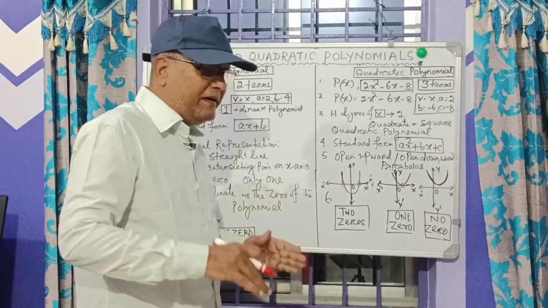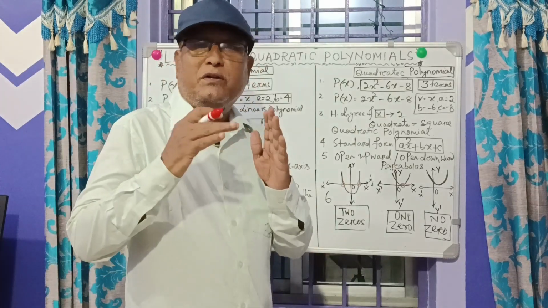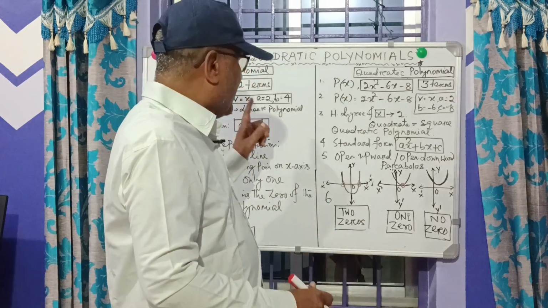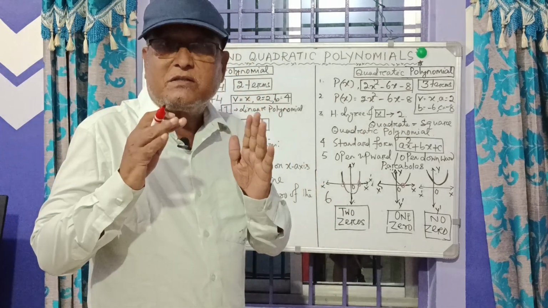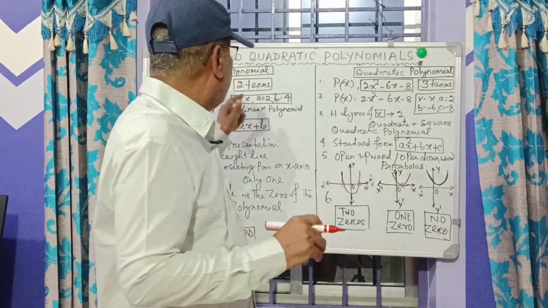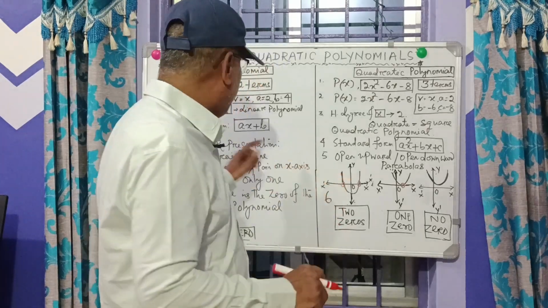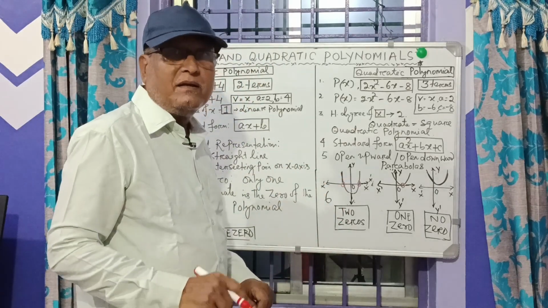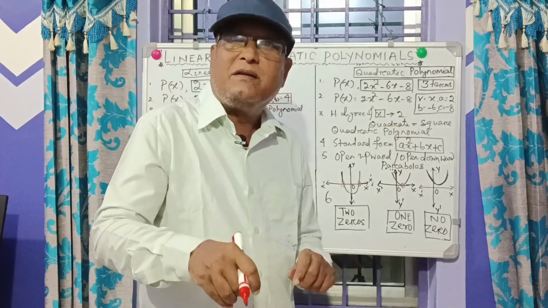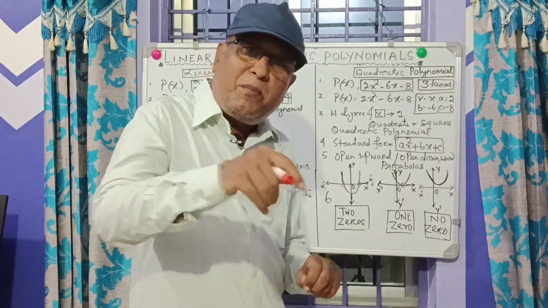Next, we shall discuss the zero polynomial and the zero of a polynomial. Let us discuss in short. p(x) is equal to 2x + 4. For what value of x does that polynomial become zero? That value of x is called the zero of the polynomial.